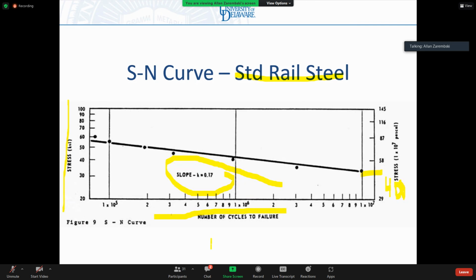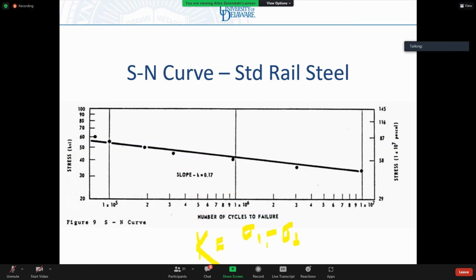So the slope K is equal to sigma 1 minus sigma 2 divided by N1 minus N2.